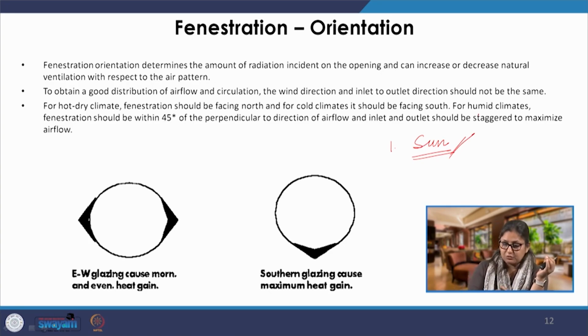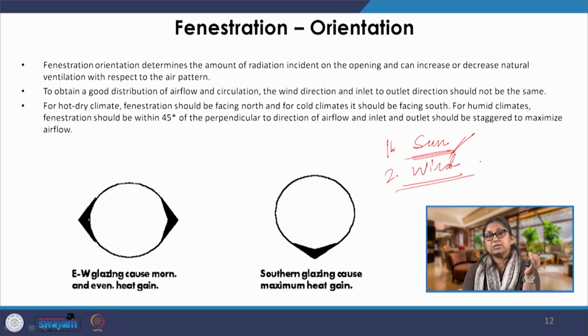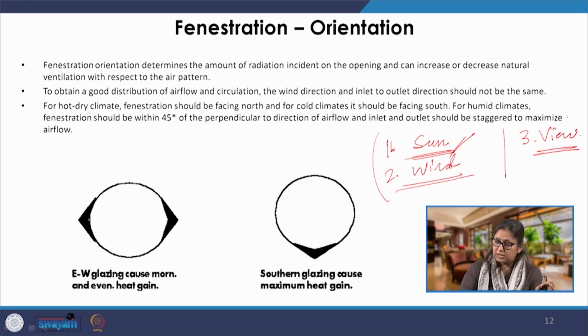So, windows have to be oriented for sun, and second for wind. Now, what is the primary factor for which the window is being designed? Plus, of course, the third factor is view, which is also significant. We also have to see if there is a good view available, maybe not favorable to sun or not favorable to wind, and we may still provide a viewing window. So, based upon these three, the orientation has to be decided.